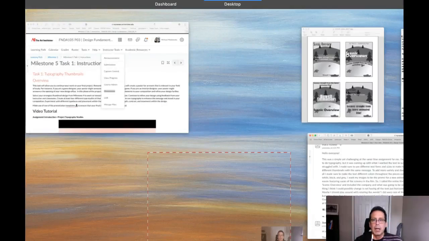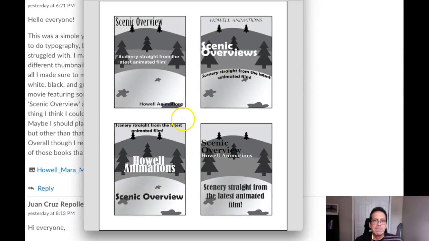So, okay, the one thing I'm seeing is this scenic overview. I think there's a little bit of mixed message in terms of typographic hierarchy.